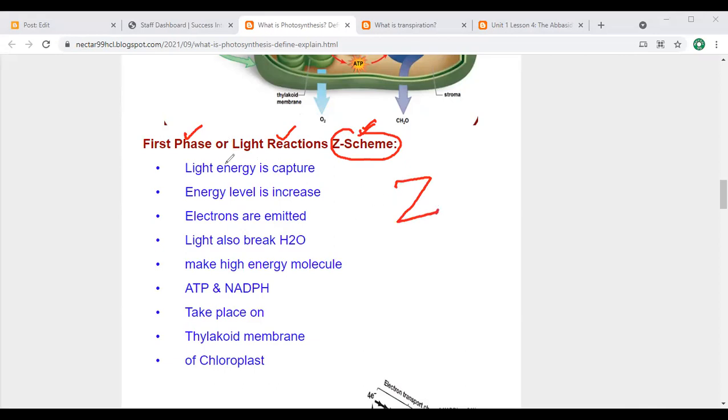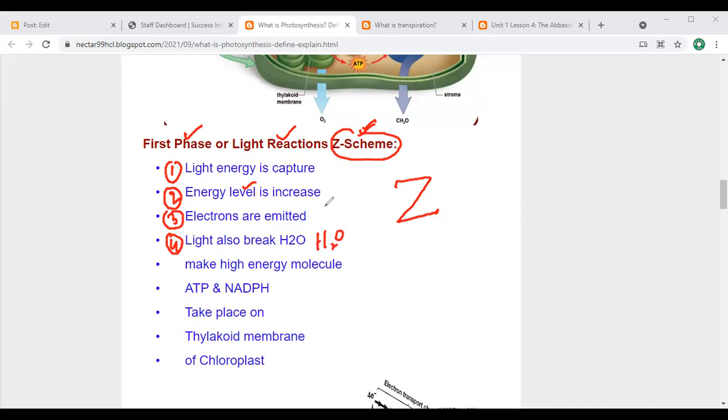Number one, light energy is captured. Number two, the energy level is increased. When energy moves into the leaf, its level increases. Number three, electrons are emitted. Number four, light also breaks water, the H2O molecule.